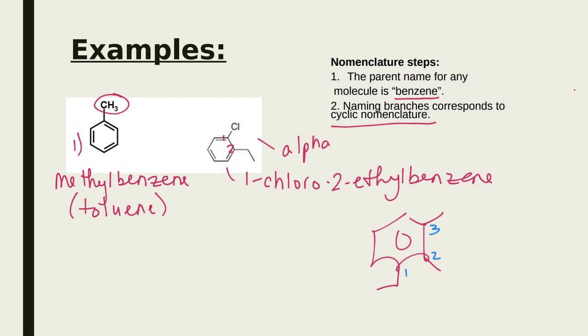And we would start that way because we would want ethyl alphabetically to be lower than the methyls. So we would have, I'm going to write it over here, 1-ethyl comes first because of the alphabet, 2,3-dimethyl, and then the parent is called benzene.